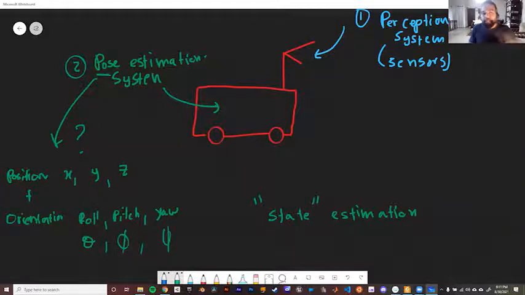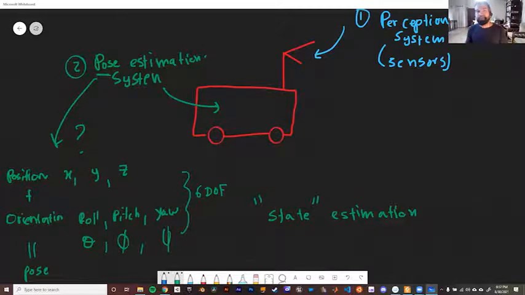So the combination of position and orientation is what we call the pose. If it's a full 3D pose, how many parameters do we need? We need 6 parameters, so we say this is a 6 degrees of freedom robot. For example, if you're dealing with a quadcopter, you will need these 6 degrees of freedom.